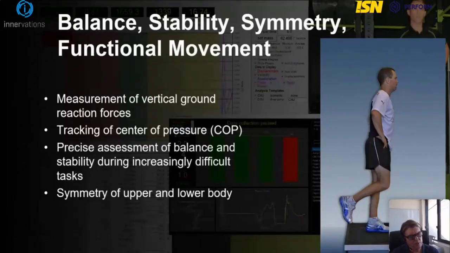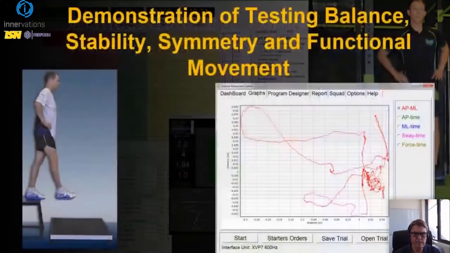So with force platforms that have 4 load cells, measuring the force at each corner of the plate, we can use that information to track the centre of pressure over the plate. This tells us a lot about the athlete's balance and stability, their left to right symmetry, and also their anterior posterior or front to back shift in their centre of pressure as well. And this can be done for both the upper and the lower body.